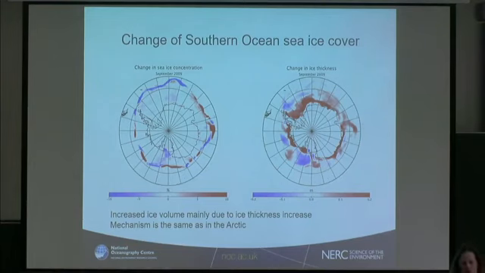And then to split out this volume again, we can look at ice concentration and ice thickness. So these are pictures for one year in September, which is the time of the year where the difference between the control run and our new run is greatest.